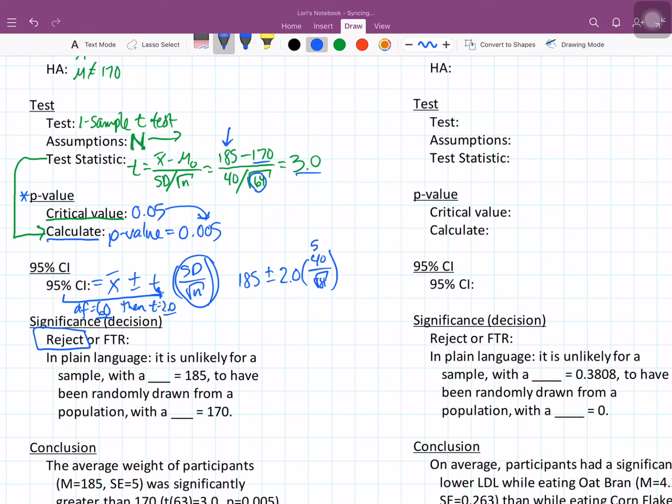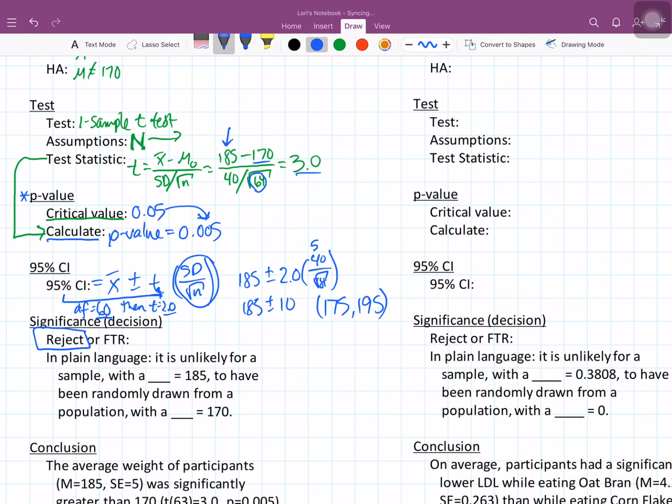So if we were to replace that, that's 185 give or take 10. 2 times 5 is 10. 185 plus or minus 10. So that's a 95% confidence interval of 175 to 195.